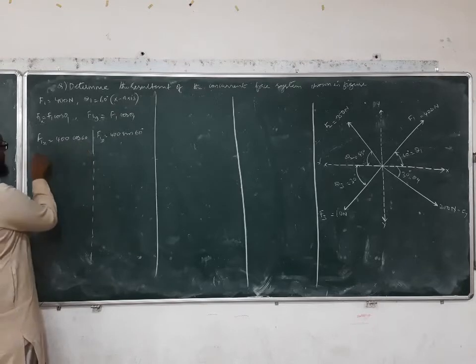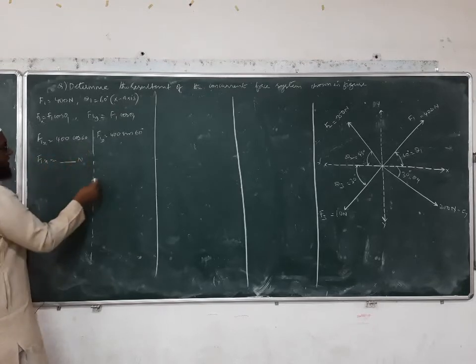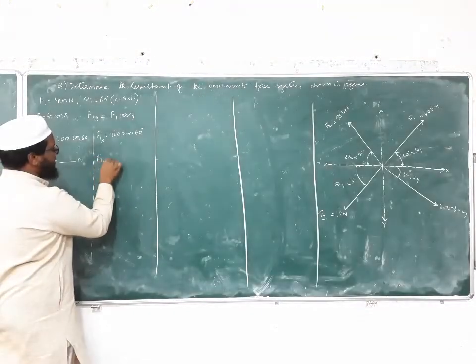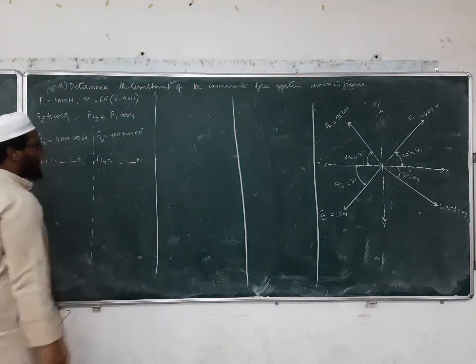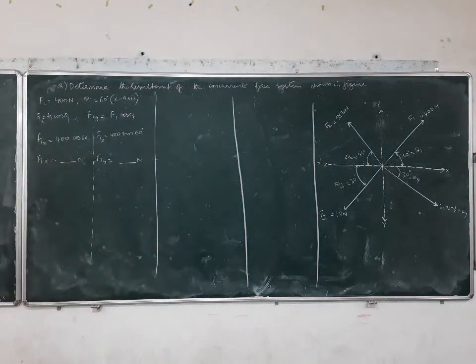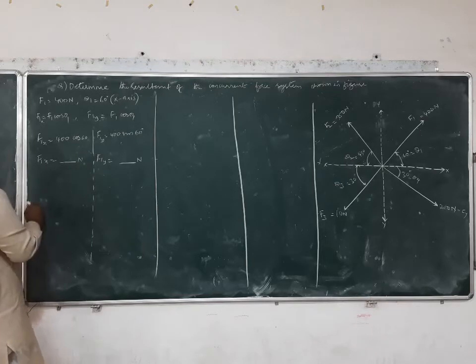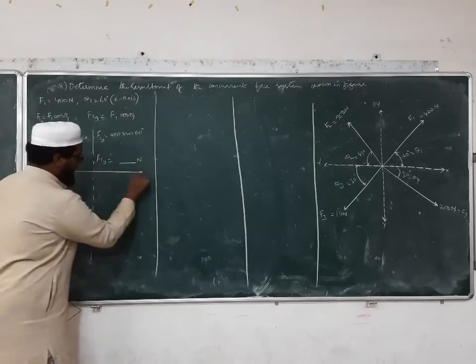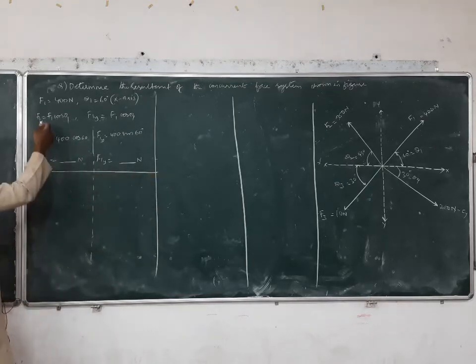You will get some value in Newtons for F1x and for F1y. Since I don't have the values here, you can write down these values. After this we'll have the next force.